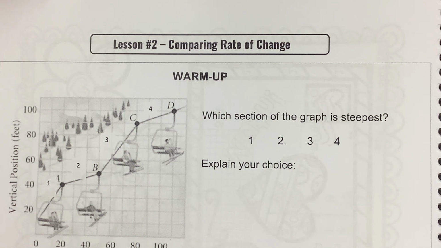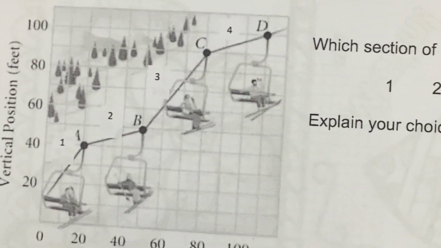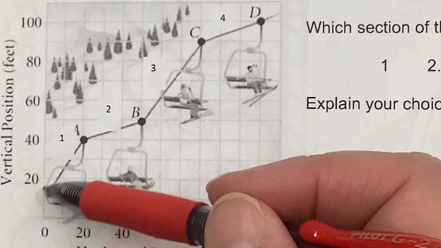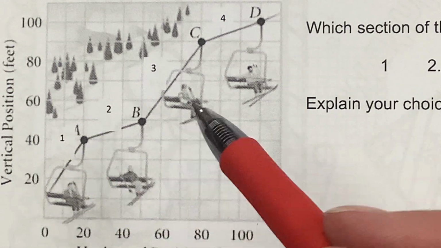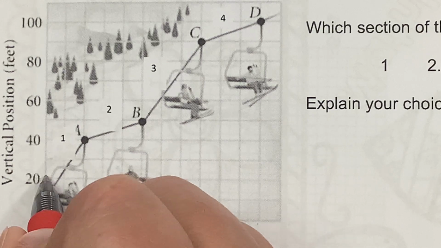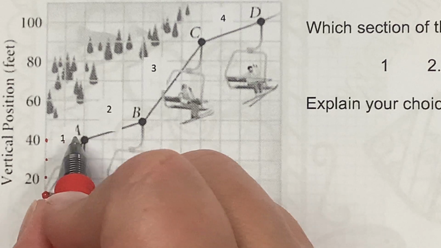Well, let's take a really close look at this graph. You can see just by looking at it what the steepest part is, but let's find the slope for each section. Remember, slope is rise over run, and each one of these boxes is 10. So I'm starting here, and I'm going up 10, 20, 30, and over 10, 20.